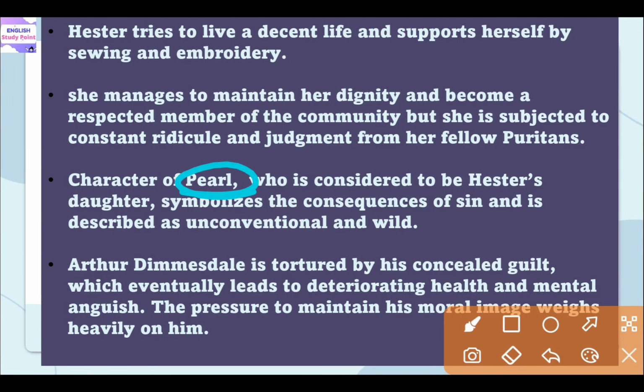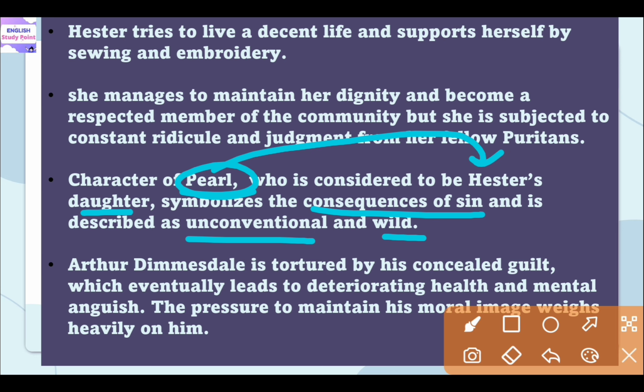The character of Pearl, who is Hester's daughter, symbolizes the consequences of sin. This means that this girl, who is considered an illegitimate child, is symbolic of the consequences of sin which was committed by Hester Prynne once in her life, and she is described as unconventional and wild.